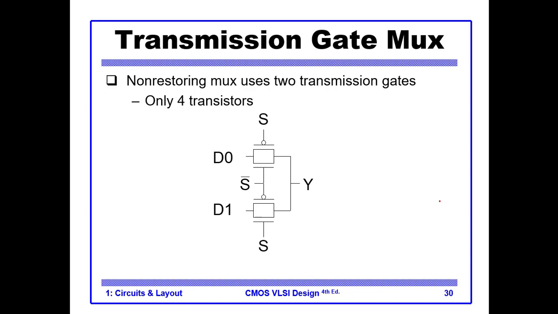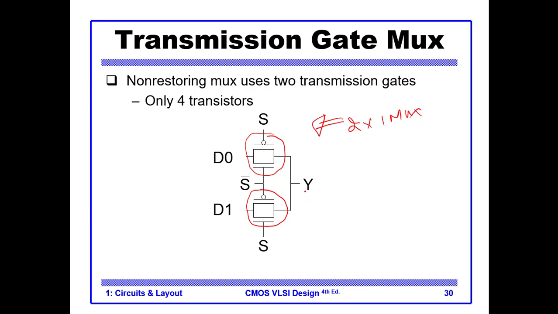So this is the circuit for a 2x1 mux. We have one transmission gate here, another transmission gate here.